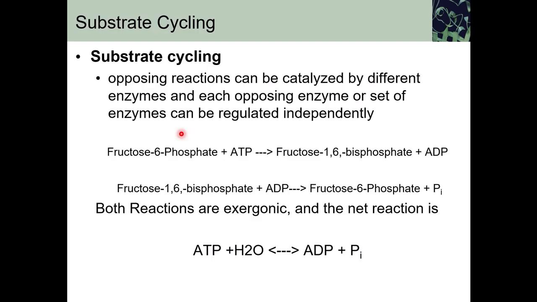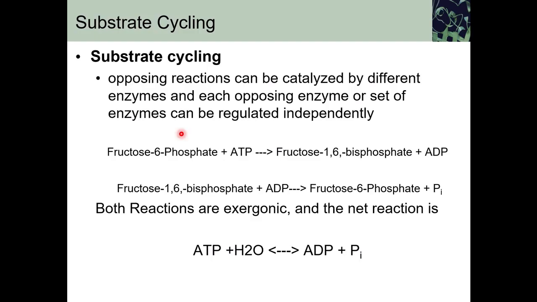The opposite reaction is not catalyzed by phosphofructokinase. It's catalyzed by fructose 1,6 bisphosphatase, right? And that is important because when you have two different enzymes catalyzing two opposing reactions, then you can regulate them independently. Because if it's just one enzyme that catalyzes the forward and the reverse reaction, then you encounter a problem.